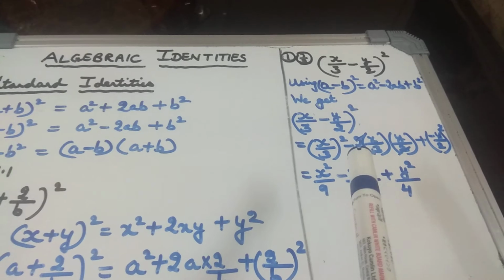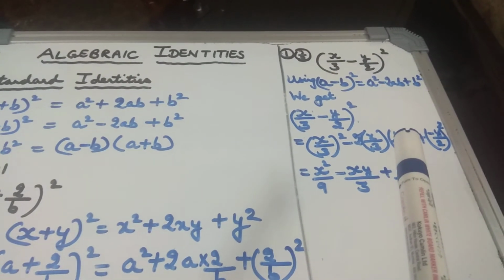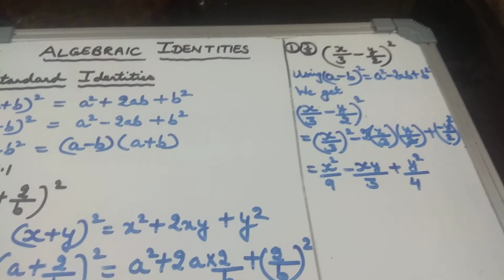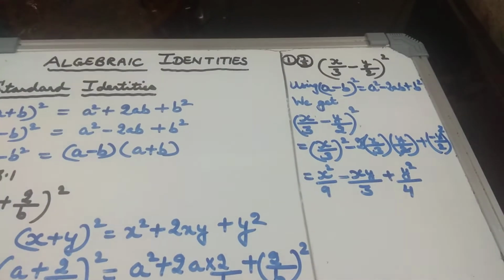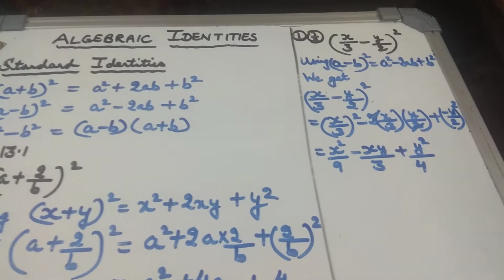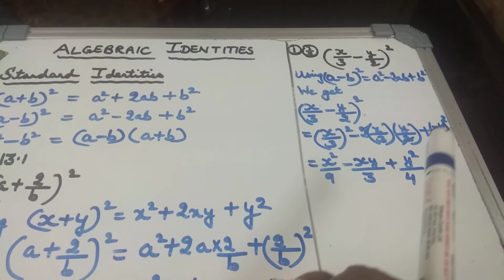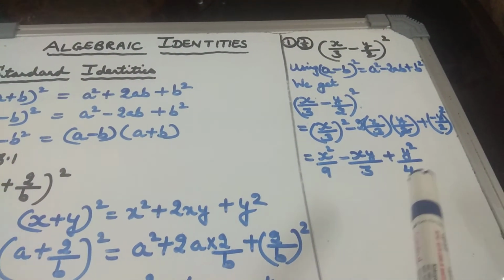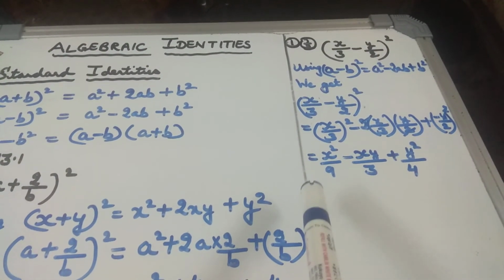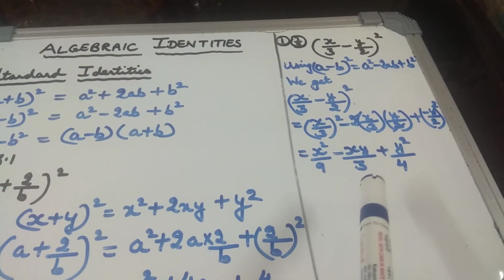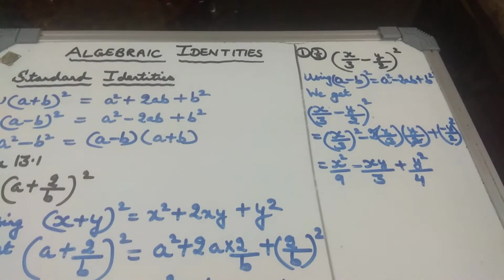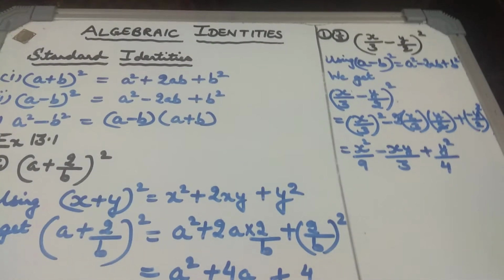Obviously, the minus sign is already written here, so here you will not put minus y by 2. Otherwise you write plus here and put minus there. So be clear about the signs, because signs play a very significant role. If you put a single sign wrongly, everything goes wrong. Plus (y by 2) whole square. Hence, simplifying it, what you get is x square by 9 minus xy upon 3 plus y square by 4. Therefore, this is your final solution for the given question.